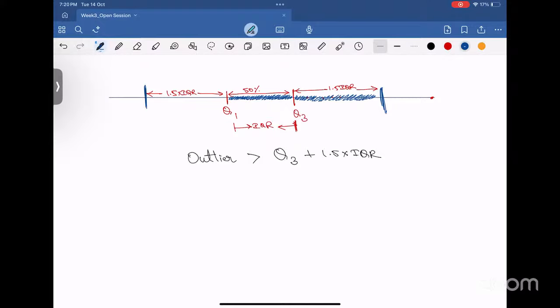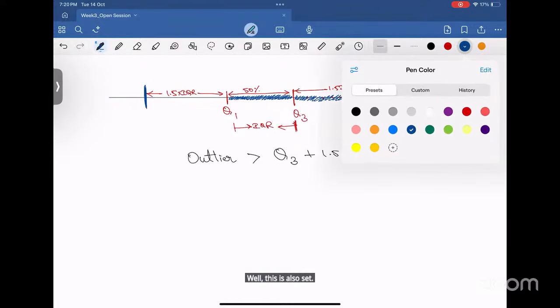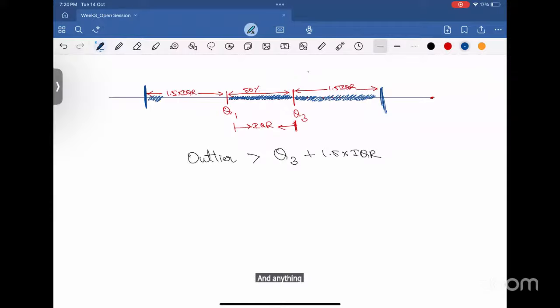So this is also set, and anything within this is an insider. Any data point above this or any data point below this is an outlier. So this is Q3 plus 1.5 times IQR, and this is Q1 minus 1.5 times IQR, because it is going towards the left, right?